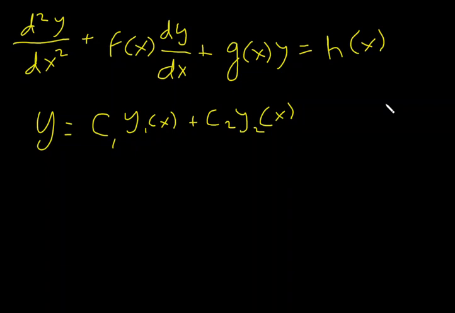And they're not like a multiple. It's not like e to the x and 2 times e to the x, right? They'll be linearly independent, meaning neither of them is a constant multiple of the other one. And so you'll find two and only two distinct solutions.